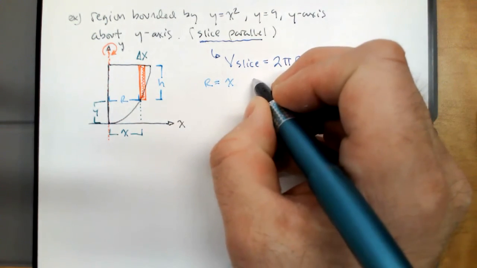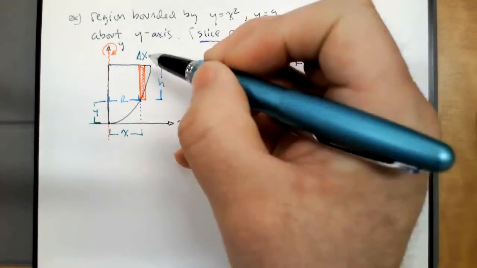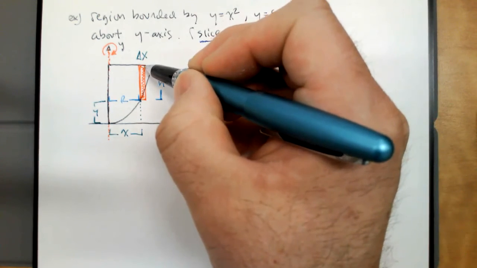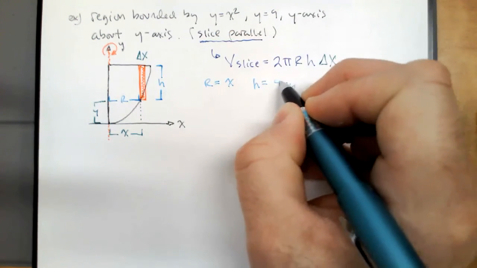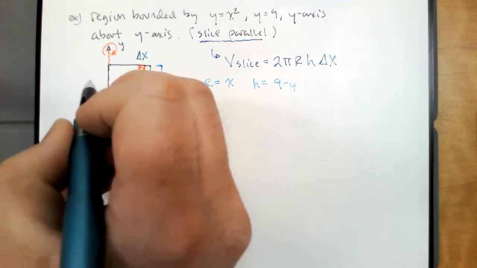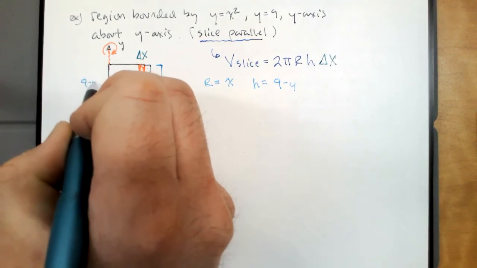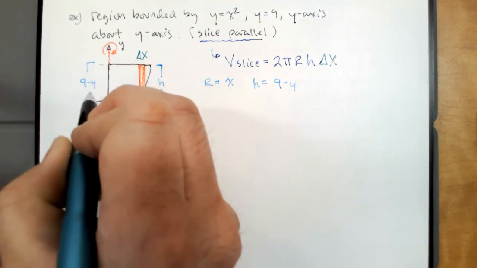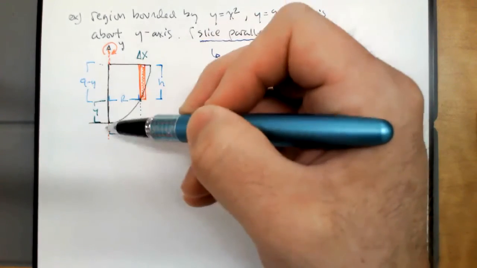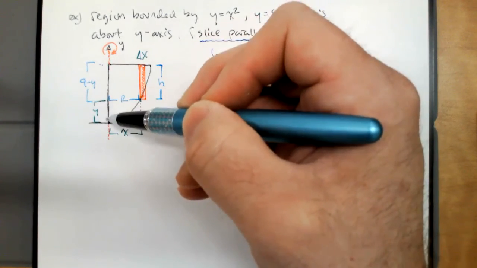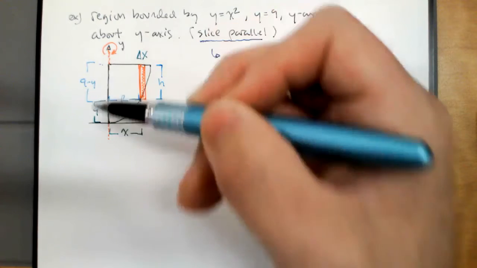So the h is going to be at the top 9 and at the bottom the parabola. So 9 minus y. If the whole thing is 9 and one piece is y, then the other piece is 9 minus y.